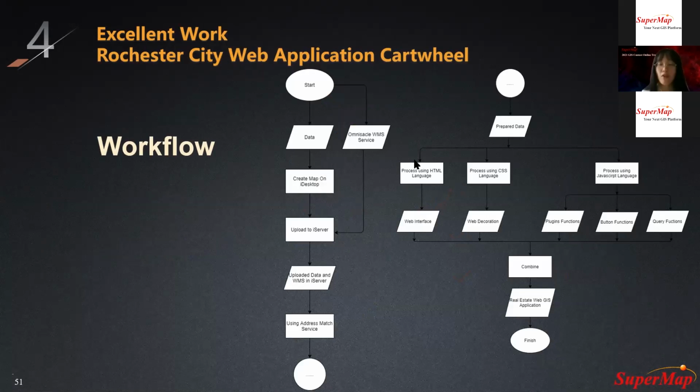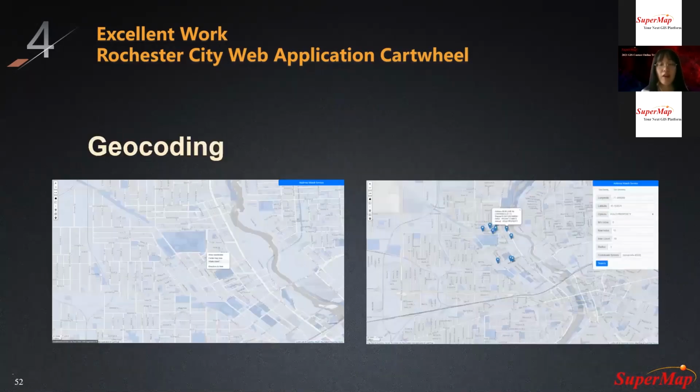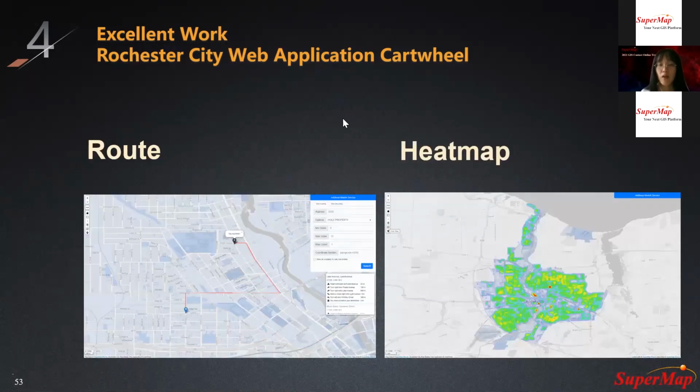Here is his workflow, and he realized most of the functions for network analysis. The first one is geocoding, then route planning, and he also has a heat map of travel frequency for this specific area.